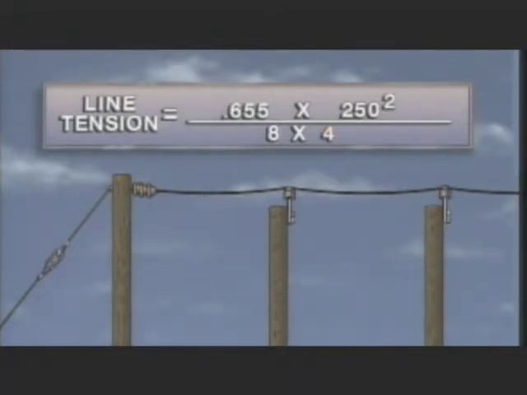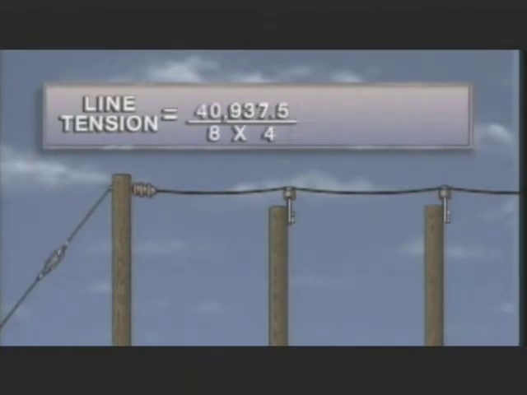The formula now reads: tension equals 0.655 times 250 squared, divided by 8 times 4 feet. Now, let's work through the formula. Let's start by squaring the span length. 250 squared equals 62,500. 0.655 times 62,500 equals 40,937.5.